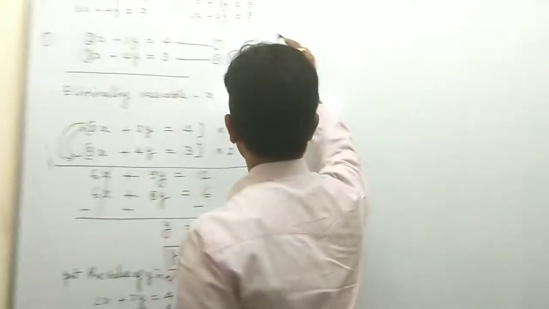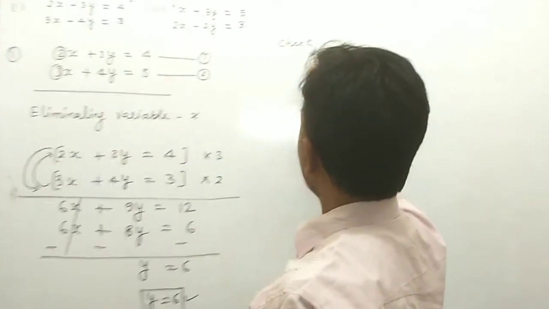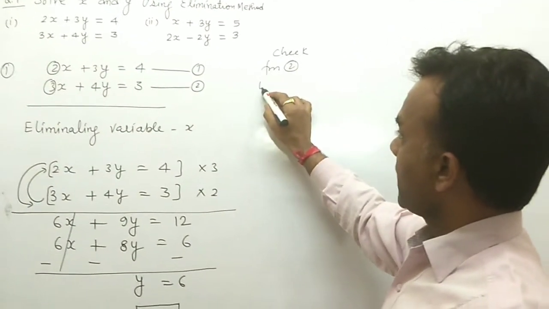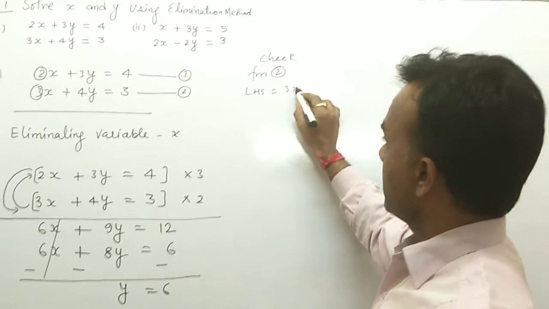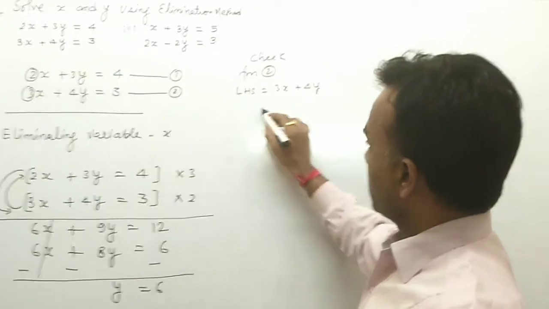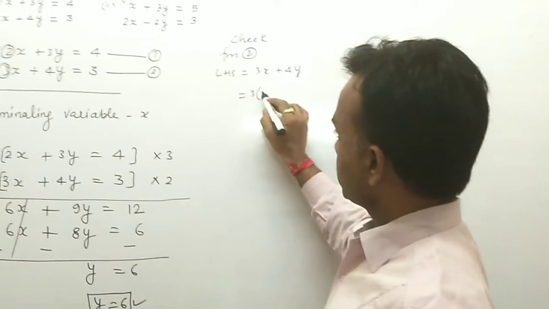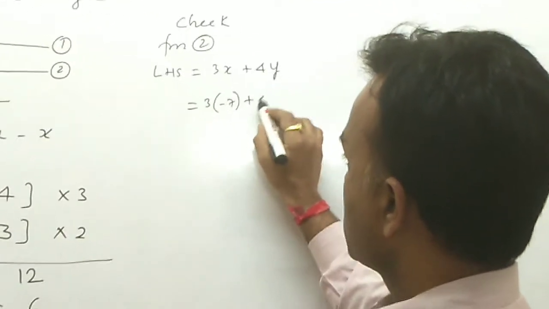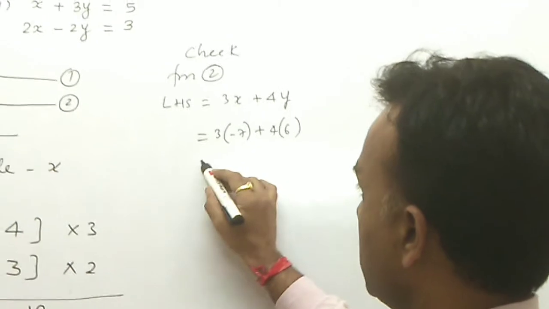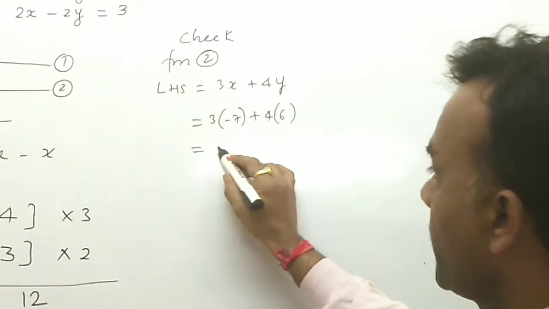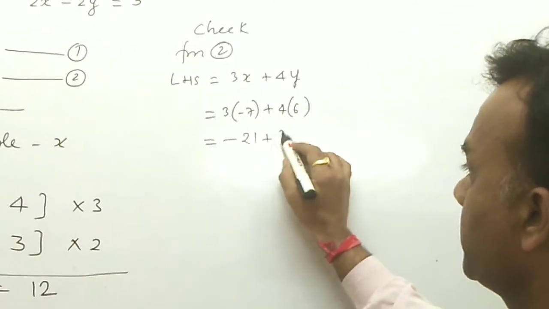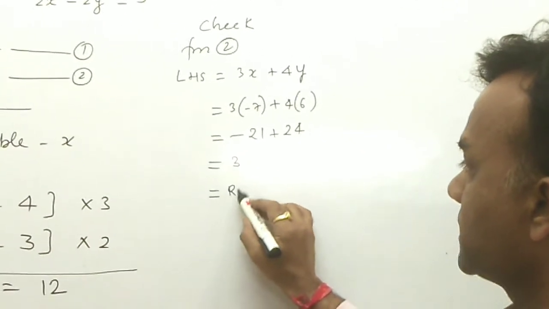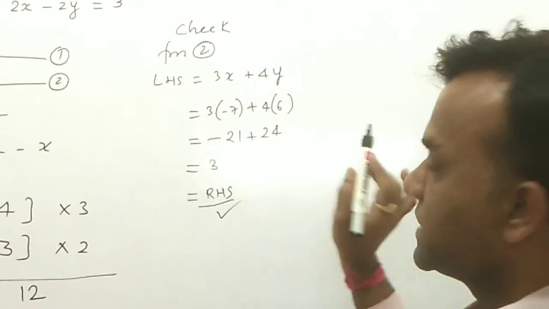So for checking, from equation 2, the left hand side is 3x plus 4y. So 3 into minus 7 plus 4 into 6, which is minus 21 plus 24, and after simplifying you get 3, which is the right hand side. Yes, the answer is right.